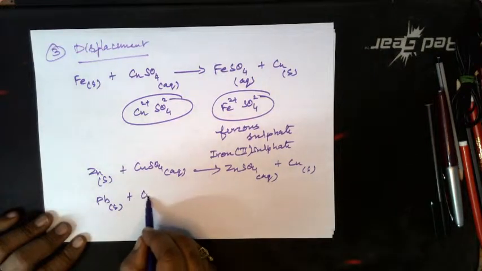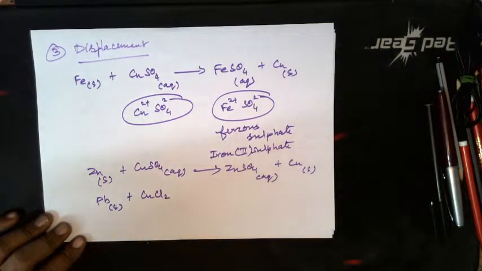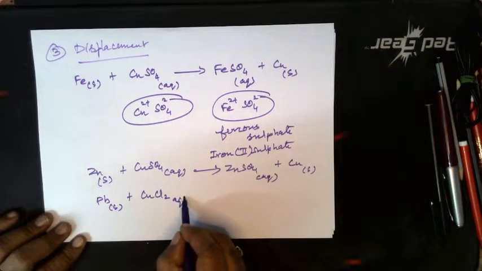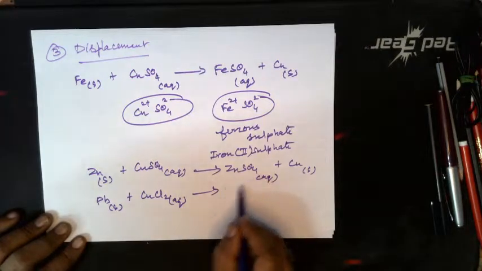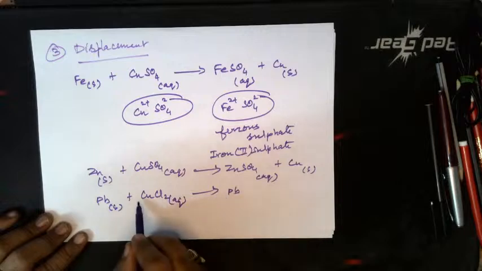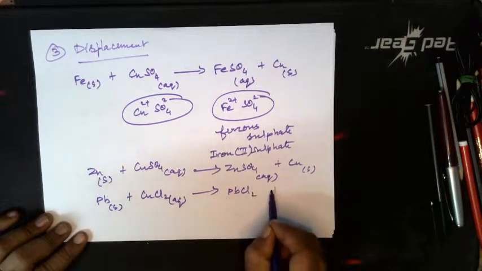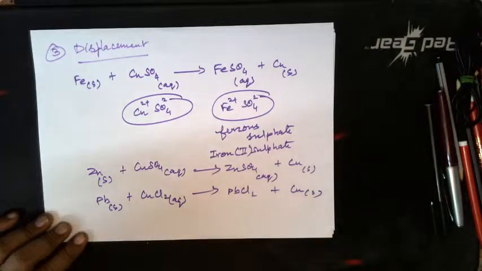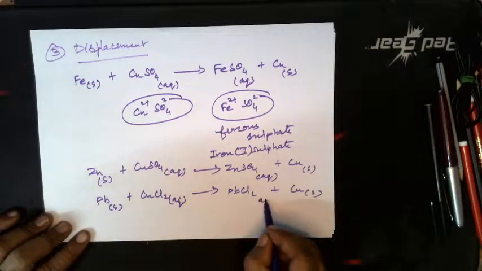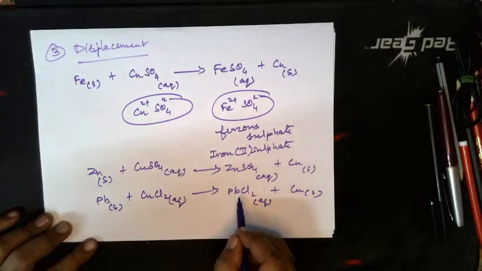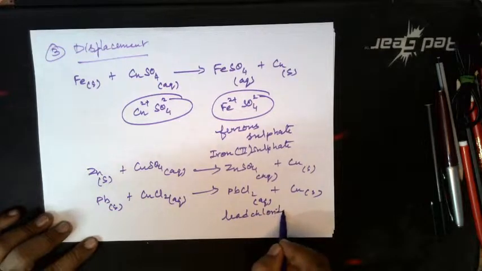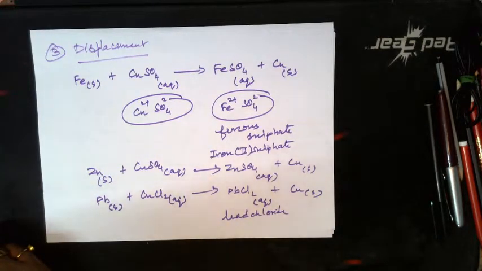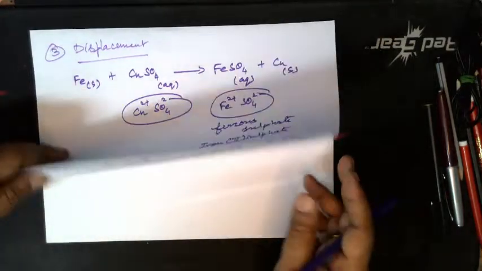You can introduce copper chloride, CuCl2, aqueous solution to give, can you guess what could be the product? Pb displaces copper, so PbCl2 and copper is displaced. Are you able to follow? So PbCl2 in the aqueous form, what do you call this? Lead 2 chloride or lead chloride. Okay, lead chloride.